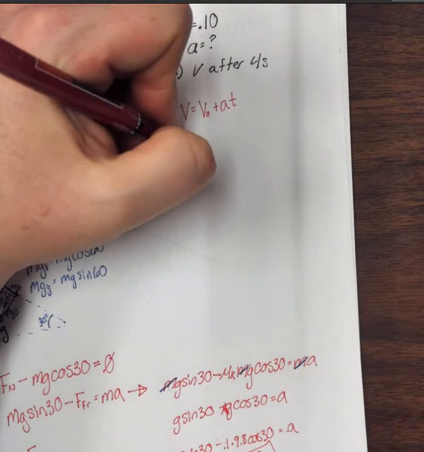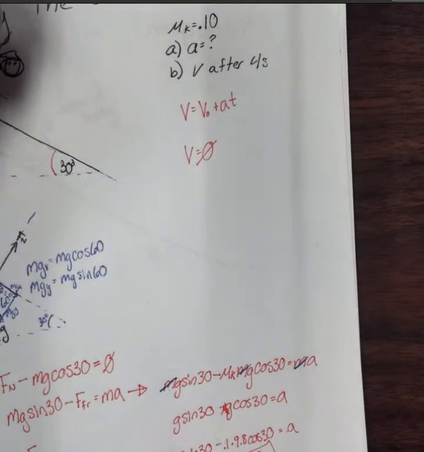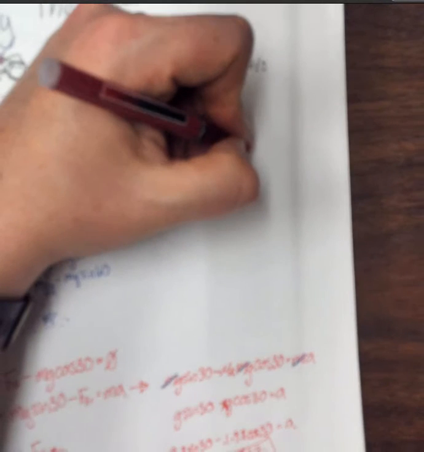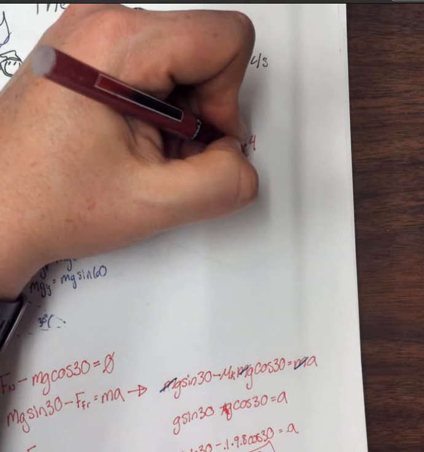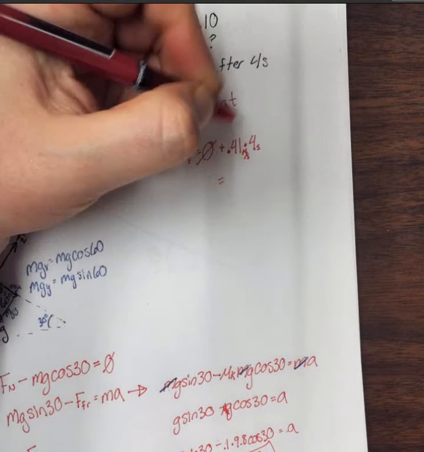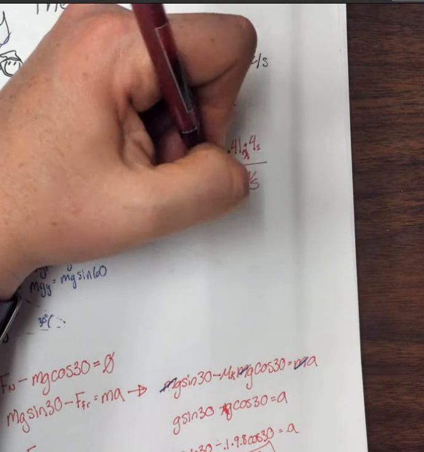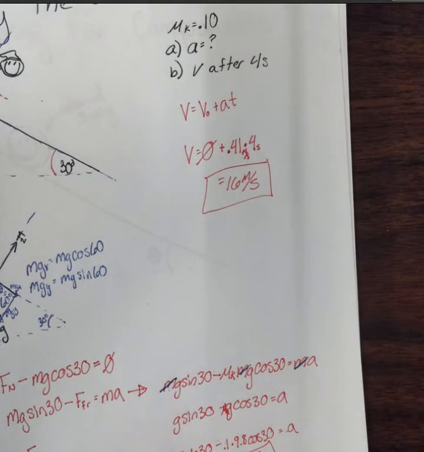I get that the velocity is going to equal 0, our starting velocity, plus 0.41 times 4 seconds, and that's going to equal about 16 meters per second when I round it to two significant figures.